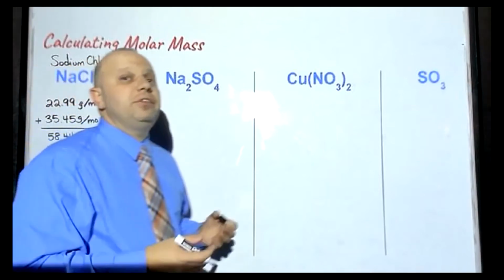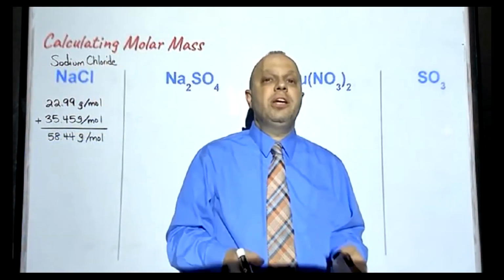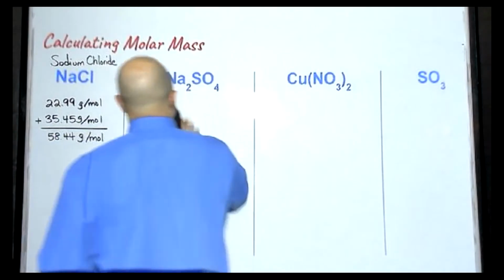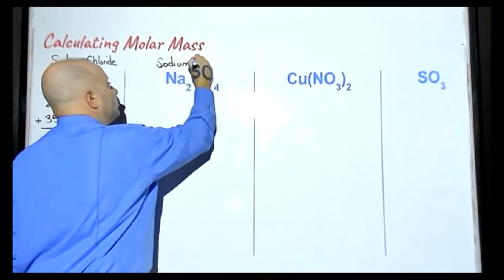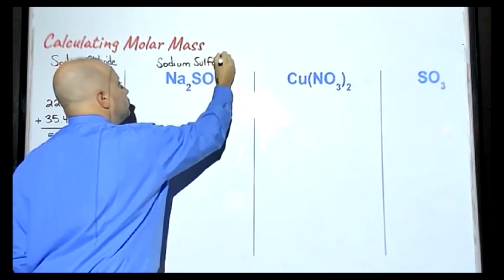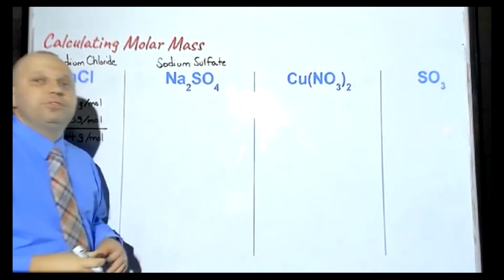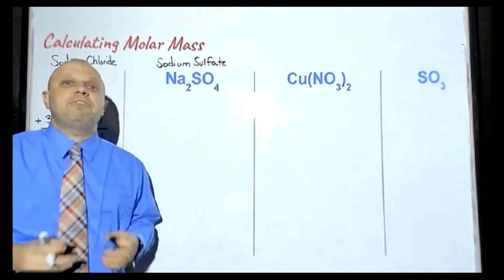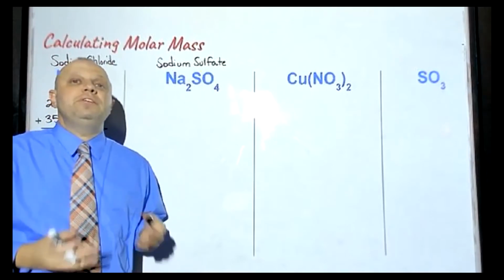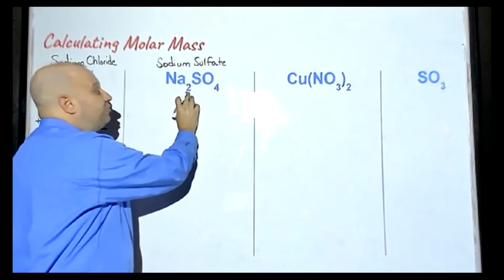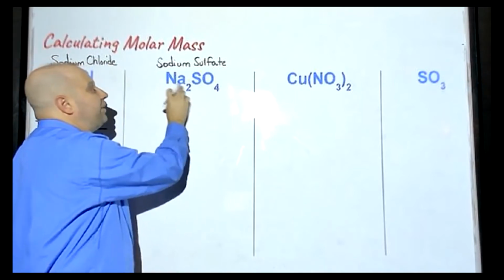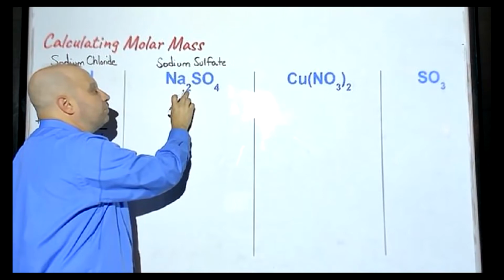We are now going to look at a second substance, sodium sulfate. This is also a great time to remind everyone of the importance of these subscripts and their meaning. When we see a subscript of 2 after the sodium, that means we have 2 sodium atoms.